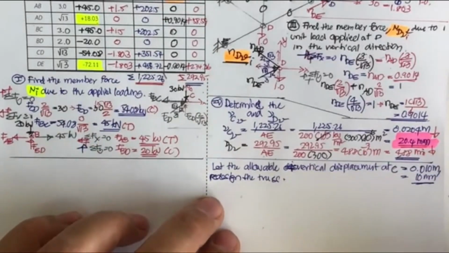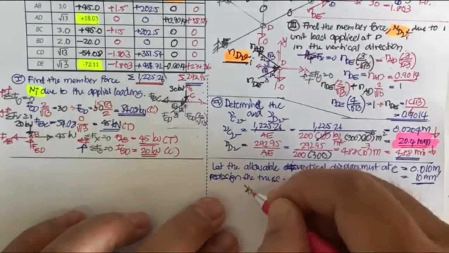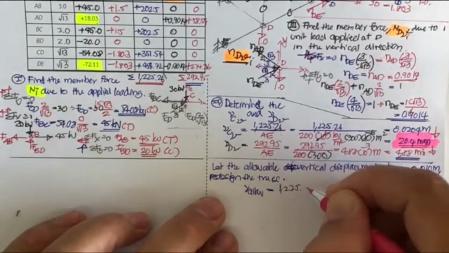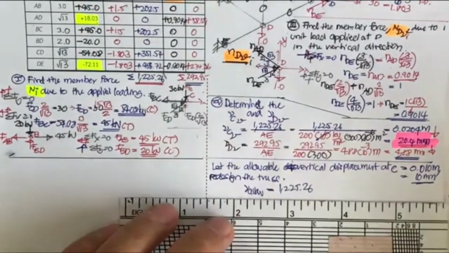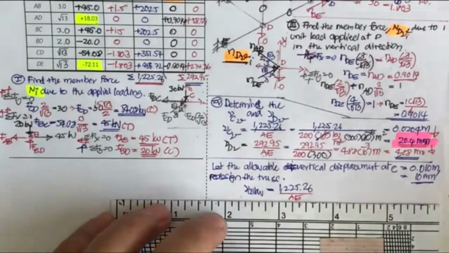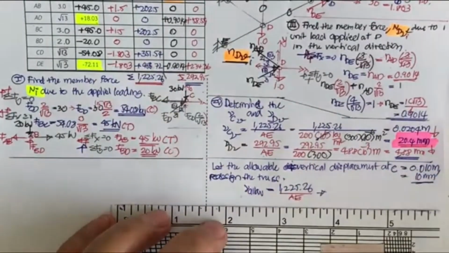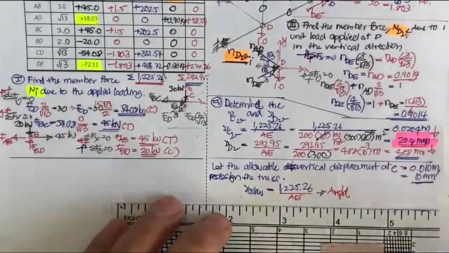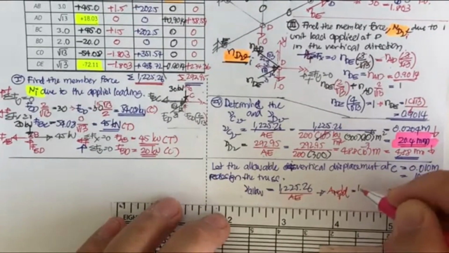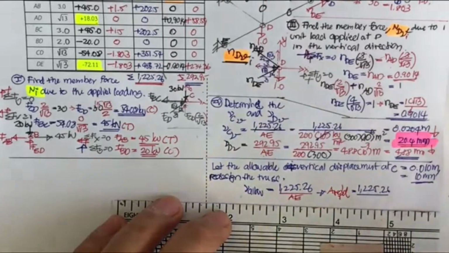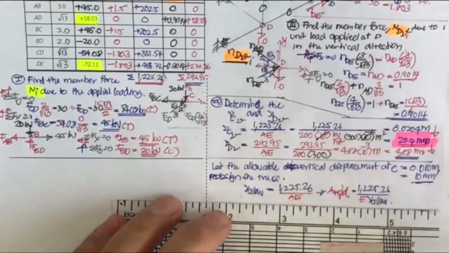If we redesign the truss, what we have is the allowable deflection is going to be 1225.26 divided by AE. Okay, and then we're going to find the A required, which is going to be 1225.26 divided by E times the allowable deflection.